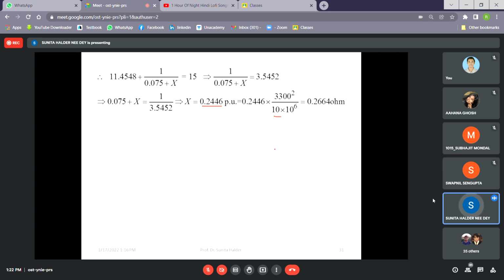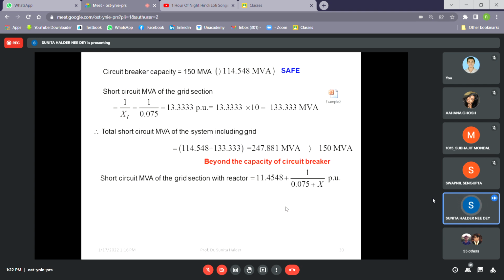From there, we may calculate the value of inductance also, because whatever we are calculating is for 50 Hz frequency. So by dividing it by 2πf, we may get L, right? So this is one method by which we can use the existing circuit breaker, right?